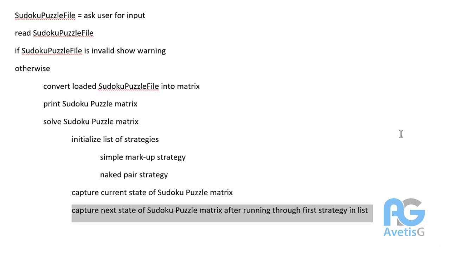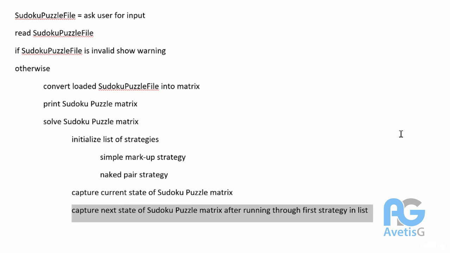The reason is that if we run through a strategy and the state stays the same, that means the strategy didn't really do much. And if we then do the other strategy and nothing changes, then we know that our strategies are not smart enough to solve this puzzle. The difficulty of the puzzle is much greater than the strategies that we're trying to use.